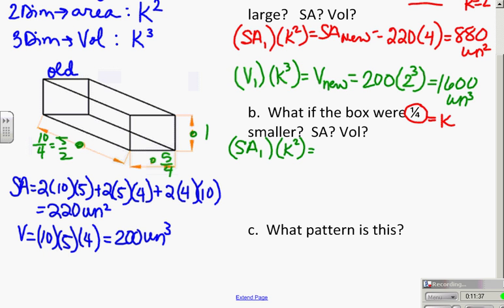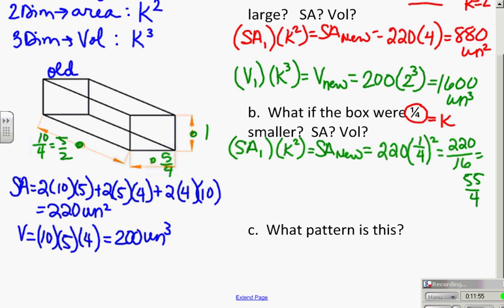You're going to end up with some yucky fractions. But if I say that the surface area of my original times k squared is the surface area of my new figure, then I get 220 times 1/4 squared, which is 220 over 16, which reduces to 55 over 4.